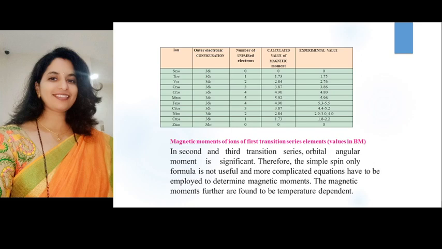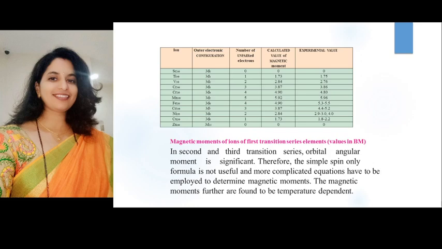Titanium has 1 unpaired electron, so the magnetic moment value will be approximately 1.73. In case of vanadium, it has 2 unpaired electrons, so the value will be 2.84, and so on. Zinc also has 0 unpaired electrons, so the magnetic moment value for zinc will be 0.